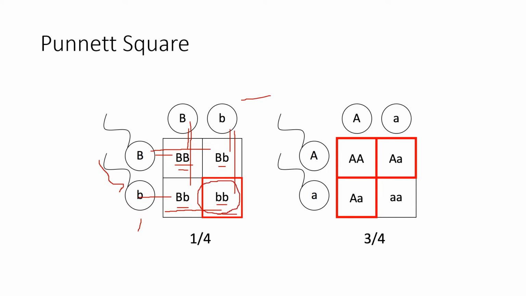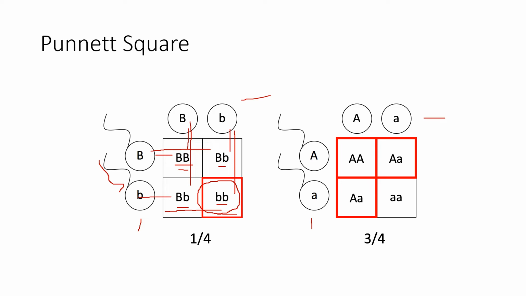Let's go over to this one, and they've changed the letters, but you can see that the mother is still heterozygous for the trait, and the father is heterozygous. So they're both heterozygous. What is the chance that any one particular offspring will show the dominant phenotype?